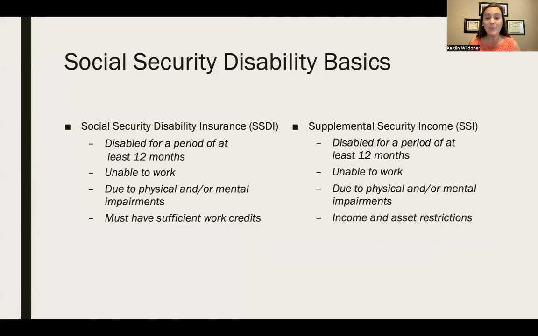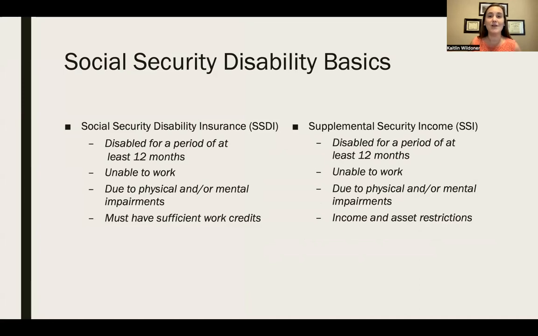A little bit about Social Security disability basics. There are two Social Security disability programs. There's Social Security Disability Insurance, or SSDI benefits, and then there's Supplemental Security Income, or SSI benefits. Both programs are going to require that you be disabled and unable to work for a period of at least 12 months.